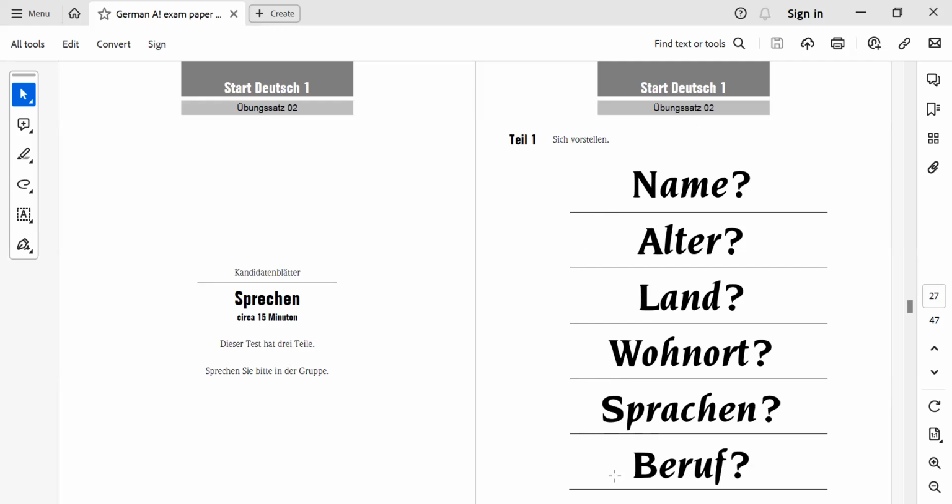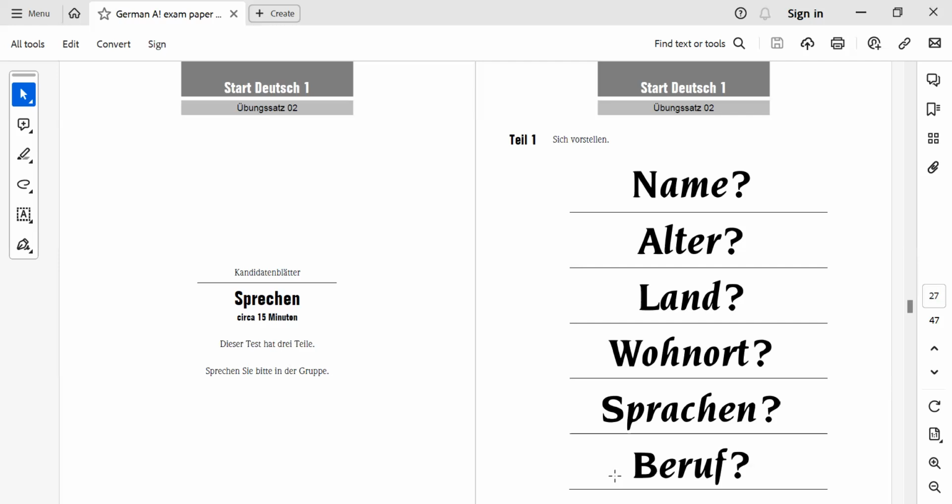Beruf is your profession. So when we are teaching the students, we give a handout with professions. So we have Kellner, Kellnerin. In Germany, the professions are differentiated with male profession and female profession.